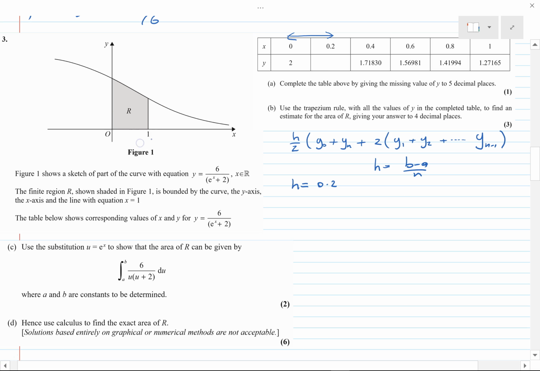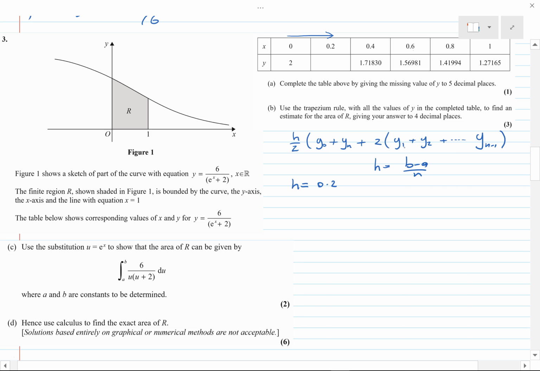Okay, so if we've got a table with the numbers in, we don't have to worry about using this formula. You might want to use it if you're not given a table, but then we want to use it correctly here, because the number of strips here is 1, 2, 3, 4, 5, 6, take away 1. So the number of strips is 5. So you do 1, take away 0, which is 1, divide by 5, which is 0.2.